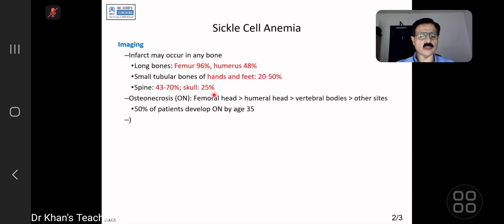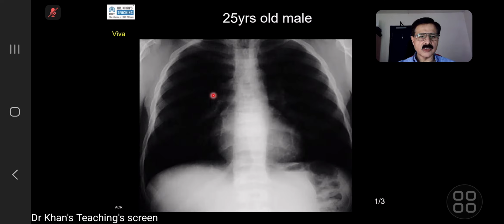So the femur is one of the most common sites. Please also remember that in avascular necrosis in sickle cell disease, there can be secondary infections. Beware of that: there will be double findings, avascular necrosis and infection.